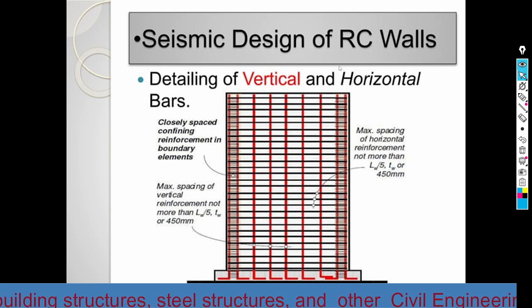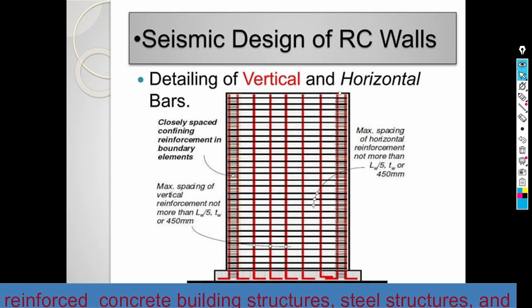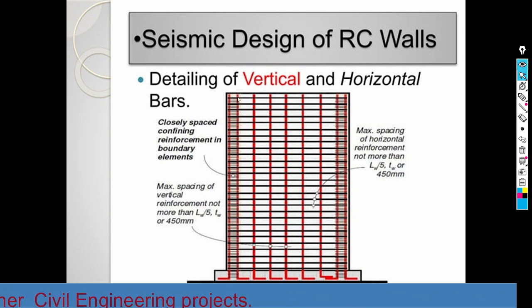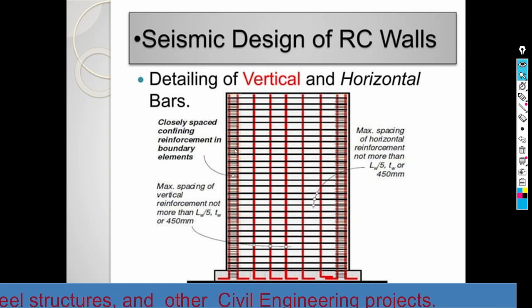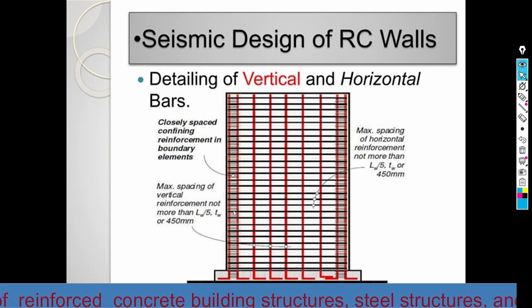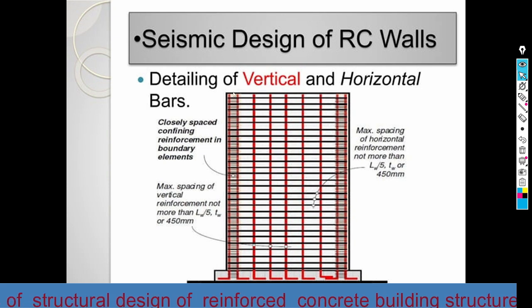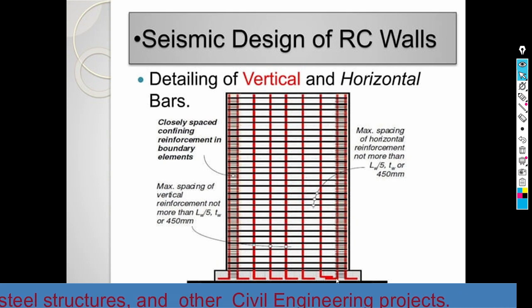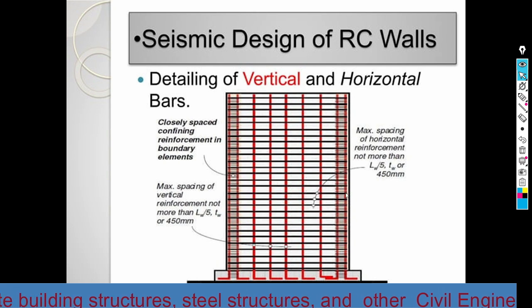That is, half of the required reinforcement can be located here, and half has to be provided at this region. Also, the confined core must be provided with proper spacing. So we can design the boundary element just like a column.